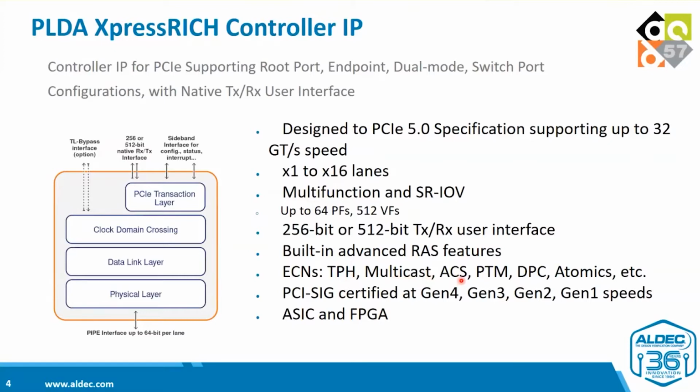Also precision time measurement, PTM, DPC, atomics, etc. These are the ECNs implemented in the IP on top of the PCIe base specification. It is silicon proven with multiple tape-outs and has been used in multiple FPGA-based platforms.